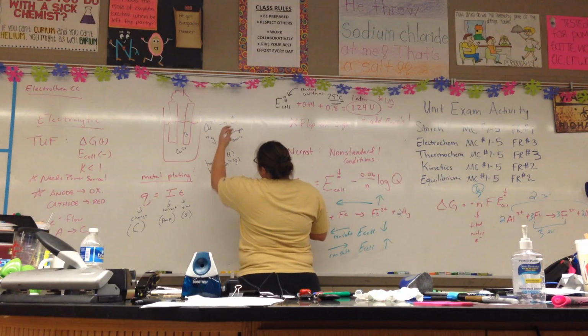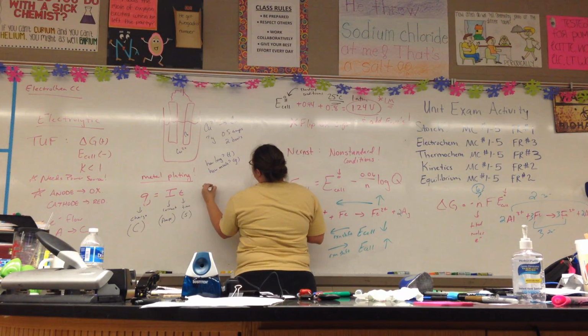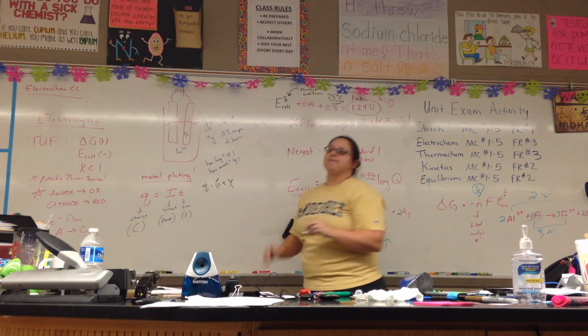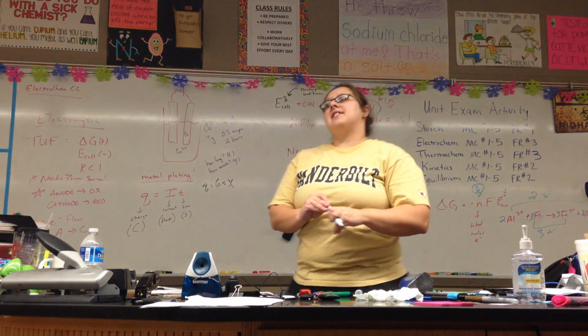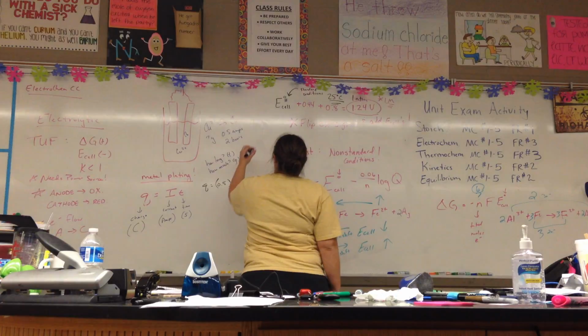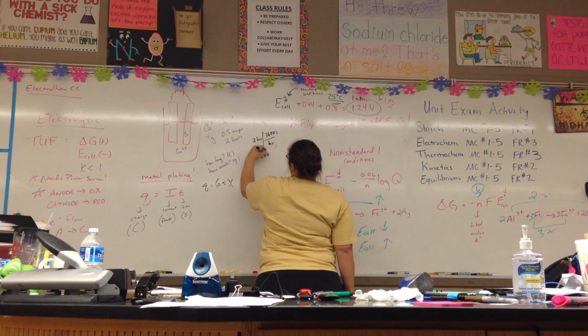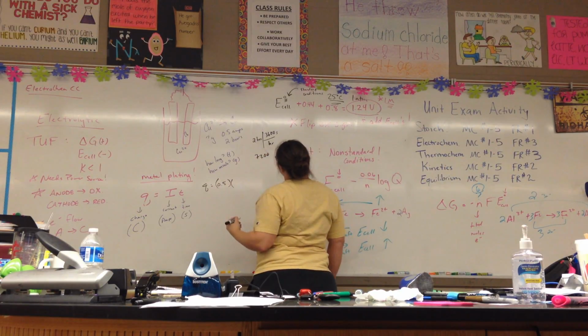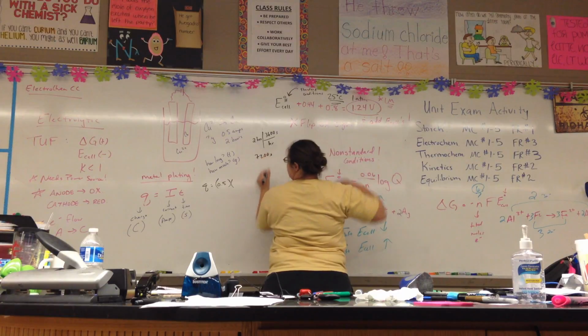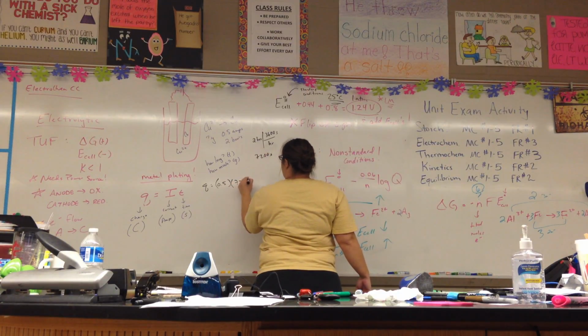So Q is equal to 0.5 amps. What do I have to do with that time? Convert it into seconds. So 2 hours, there's 3,600 seconds in every hour. So what is that, 7,200 seconds? All right, you all see how I did that?